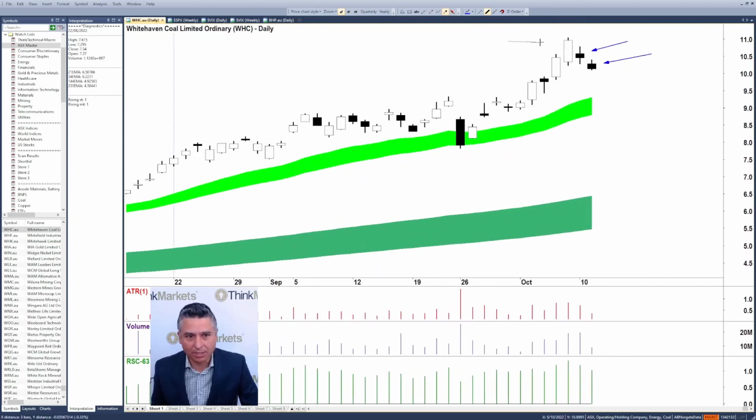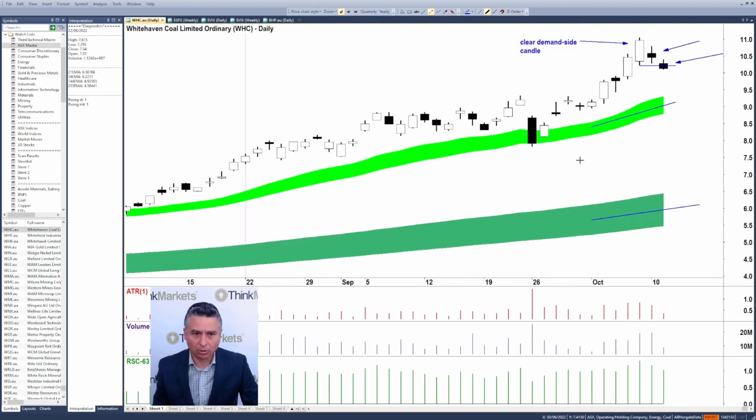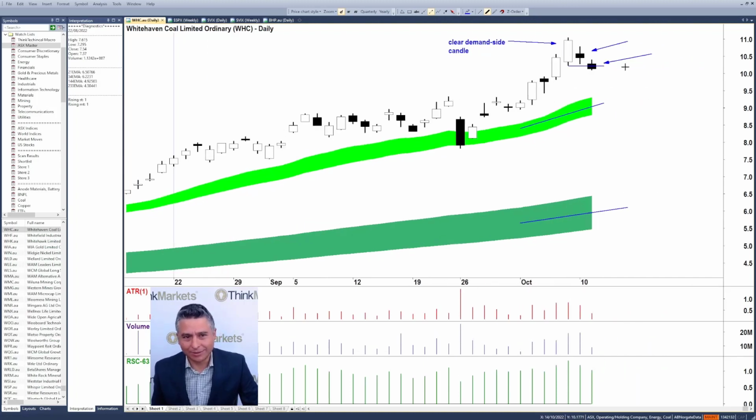So this one here, this is a clear demand side candle, right? No doubt about it. Ideally, I don't want to see a close beneath the low of that last demand candle. Okay, so that is through there. But it's a very short-term way of trading, to be fair. The overall trend is still up here. Short-term and long-term trends are still up. It's not great if we close beneath the demand candle.